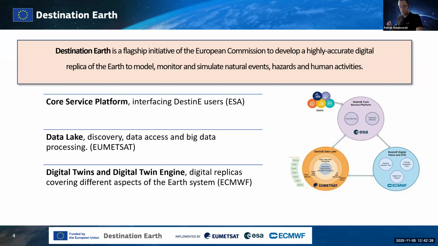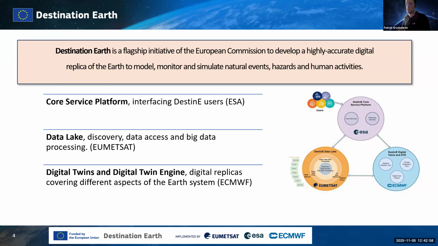So we have 3 main components of DestinE: digital twins and digital twin engine, which are about this digital twin data. But the journey of each user starts with the core service platform, which is the place where you have to create your account, register in order to use any of the services provided by DestinE, including data lake.